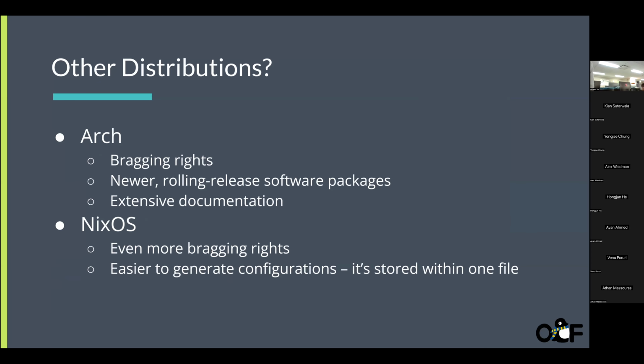There are other distributions which may have their own merits as well. For example, Arch Linux is one that you've probably all heard about, probably in a negative context. It's always some guy saying, "I use Arch," by the way. But why would you use that? First of all, bragging rights. Second of all, they use newer, rolling release software packages. So if you try to open NeoVim on Debian, it's going to give you NeoVim 0.7 point something, whereas on Arch you're going to get 0.9 point something.